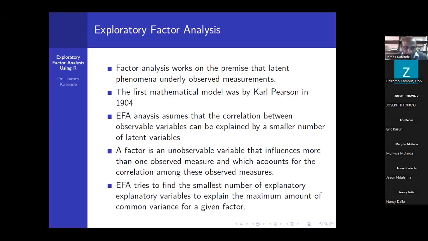You find the smallest number of factors that can explain the several variables you have. We shall see some examples to make this clearer. Like I said, if there's anything you need clarified, you could ask as well.